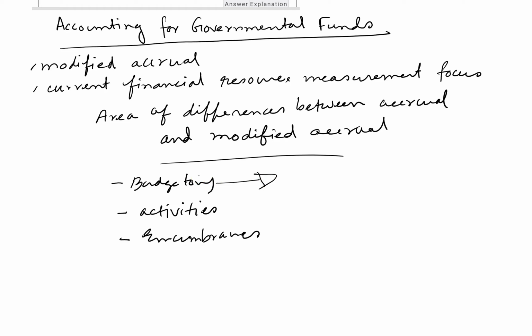Budgets are based on estimated revenues and expenditures, and at the end they can check what the major sources of their revenues are and how much they actually spent in which area, and then compare whether they were able to control those expenditures. So under modified accrual, governmental funds will record all those budgetary entries.